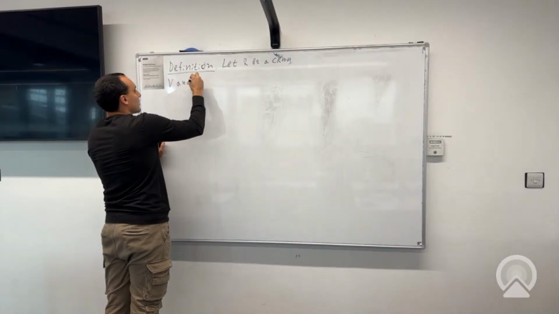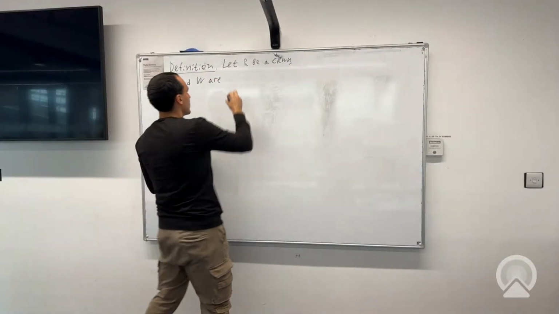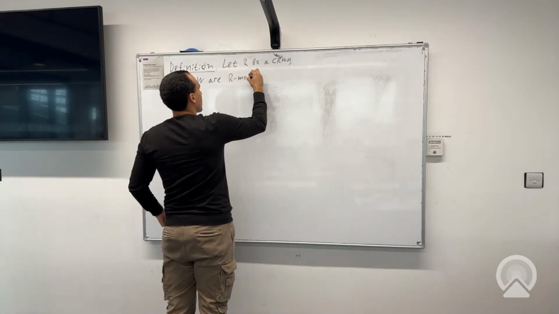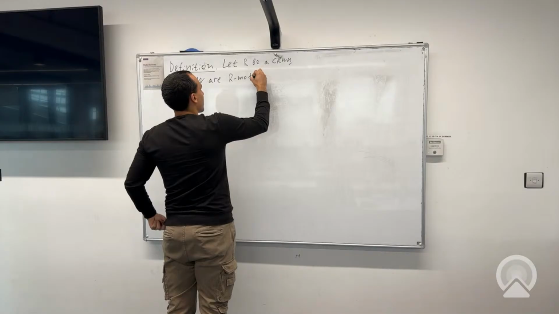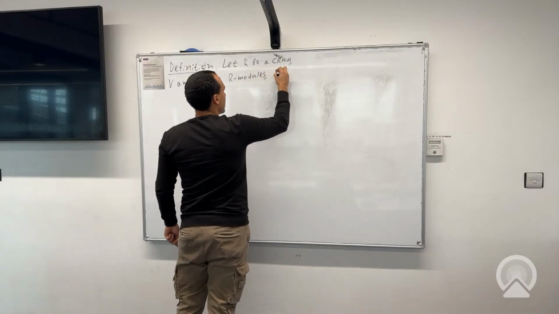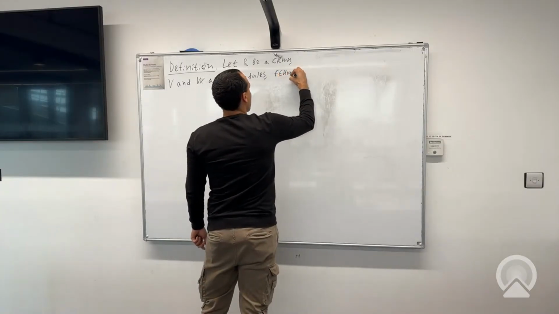V and W are modules, and F is a linear map. Okay.